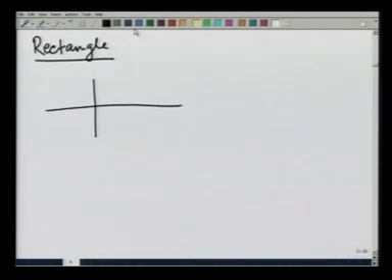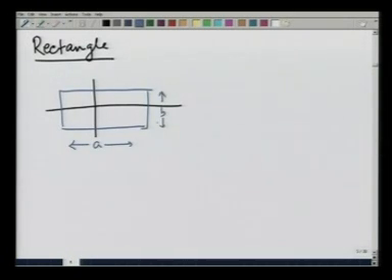As a second example, let me take a rectangle of length a and width b, placed symmetrically about the origin. So, this side is precisely a by 2, and so is this. It is not made to scale, but please understand this is a by 2 divided on both sides, and I want to calculate I xx.